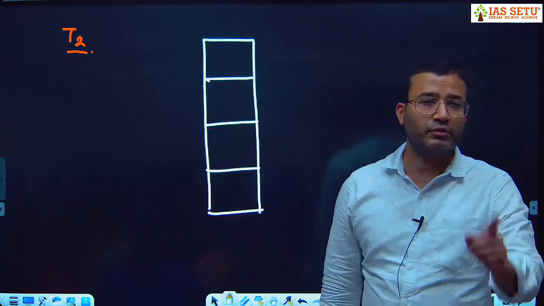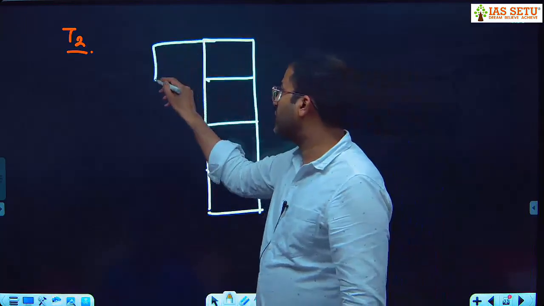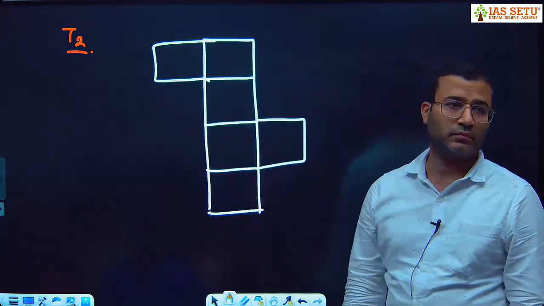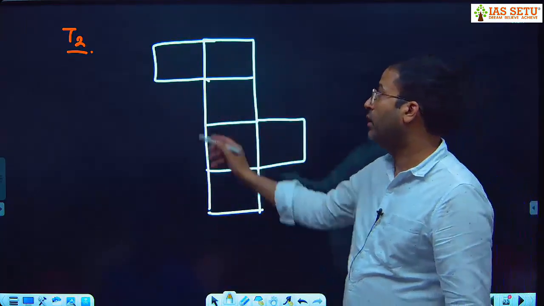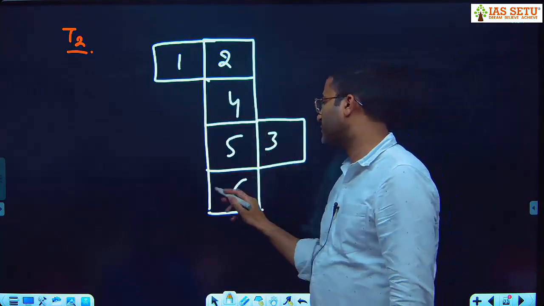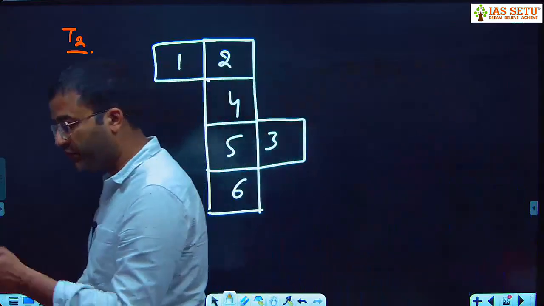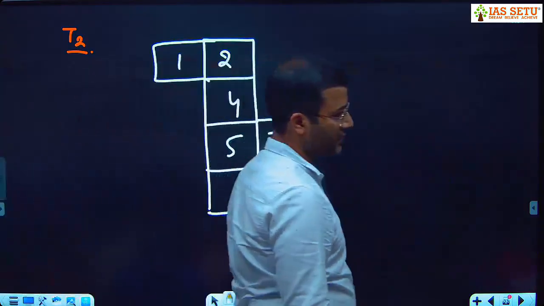What is type 2? In a column, we have 4 faces, one on the left hand side, the remaining one on the right side. 1, 2, 3, 4, 5, 6. In a column, there are 4 faces, one on left hand side, remaining one on right side.